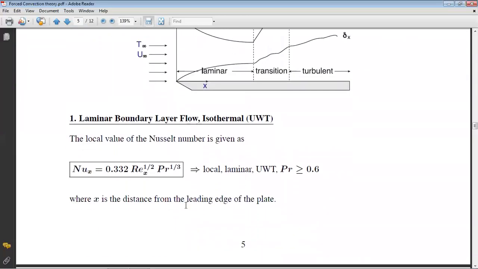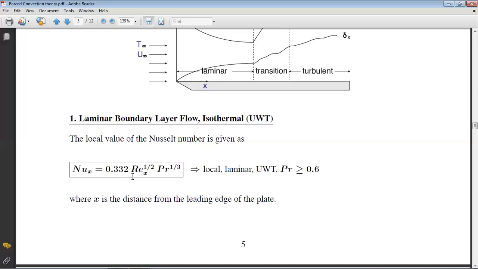These are some empirical relations that you can find in the heat transfer data handbook. The local value of Nusselt number under laminar condition over a flat plate is given by 0.332 Reynolds number to the power 1 by 2 into Prandtl number to the power 1 by 3.